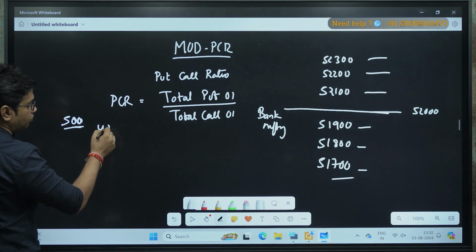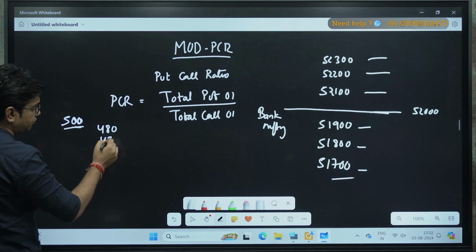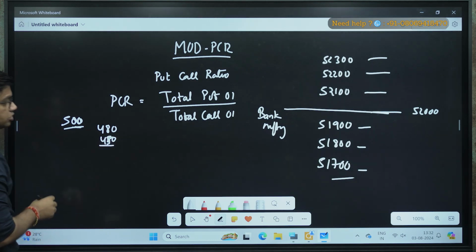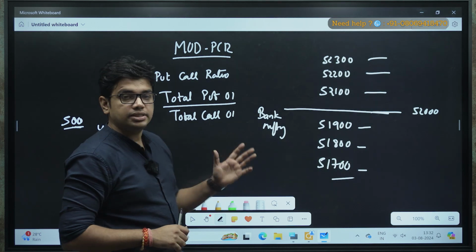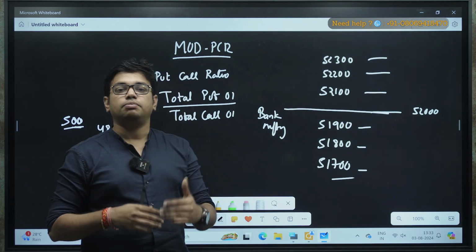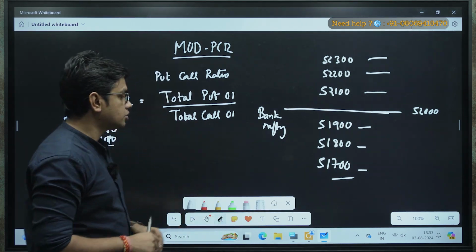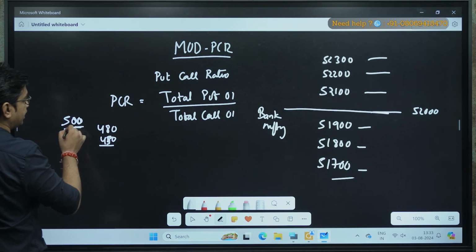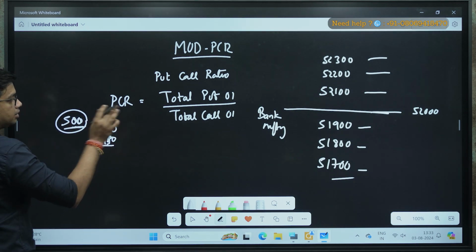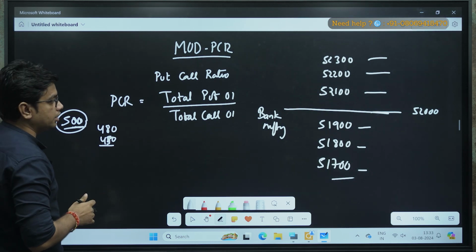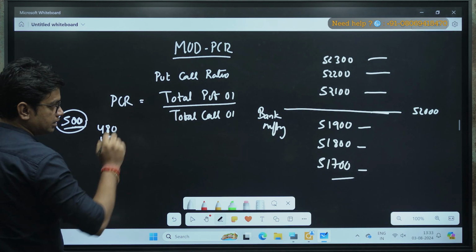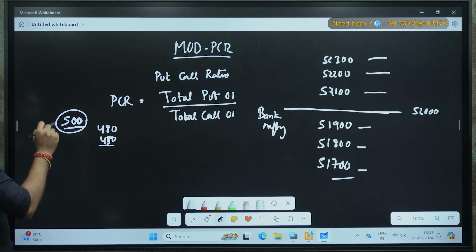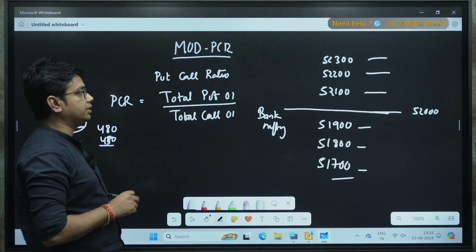No, it will be like 480, maybe 450, because of time decay, and if the expiry is nearby, time decay acts at a much faster rate. So due to time decay the put writers will benefit. Similarly call writers, if they wrote their position at a particular level, also benefit from the time decay factor.